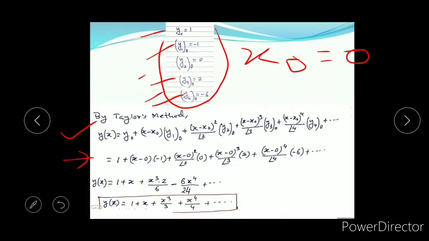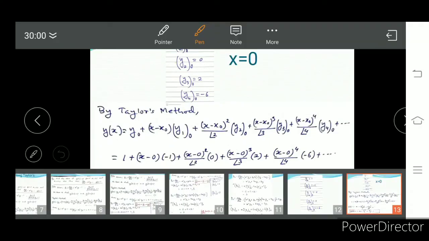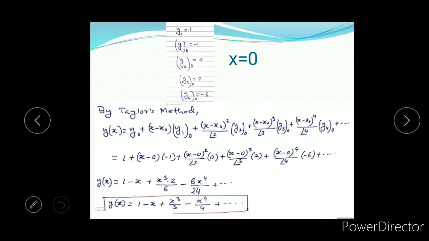And that will be the solution for the given ordinary differential equation. Okay, so here after putting all the values of y0, y1, y2, y3 and y4, also for x0, after simplifying the equation, we will get y(x) equals 1 minus x plus x cube into 2 by 6 minus 6x to the power 4 by 24.